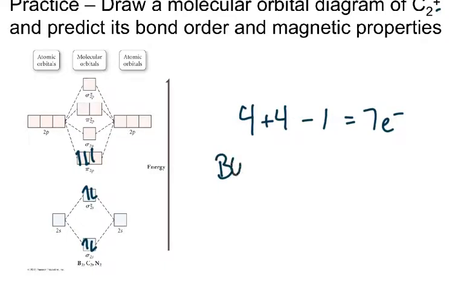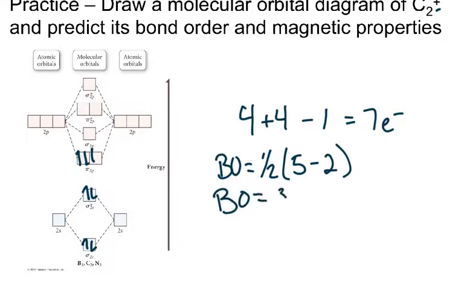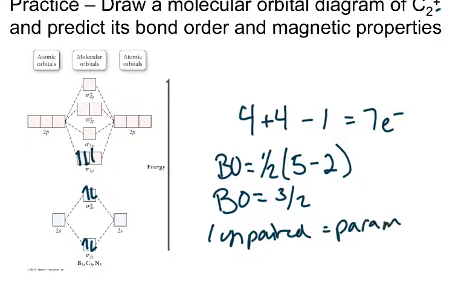Our bond order is going to be 1/2 times 1, 2, 3, 4, 5 bonding, minus our 2 antibonding, so our bond order is 3/2. And we have 1 unpaired electron, so we're going to be paramagnetic.